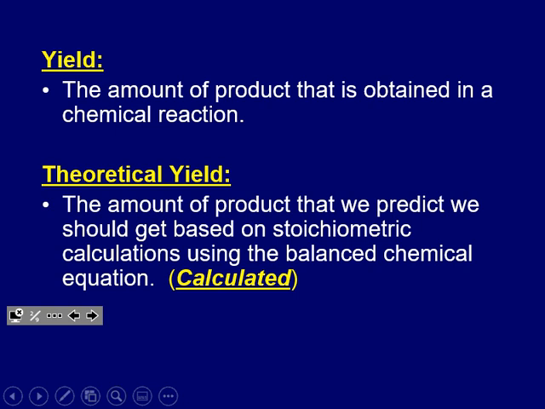Okay, so the theoretical yield, that would be what we predict to get if it was done perfectly. That would be like the perfect mark on the test. And we use stoichiometry to get it. So as you are going through the lab, you'll notice it says calculate the theoretical yield. Use stoichiometry. It is a calculated value.